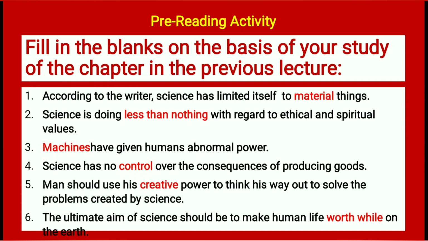Number four is science has no control over the consequences of producing goods. Number five, man should use his creative powers to think his way out to solve the problems created by science. And number six is the ultimate aim of science should be to make human life worthwhile on this earth.